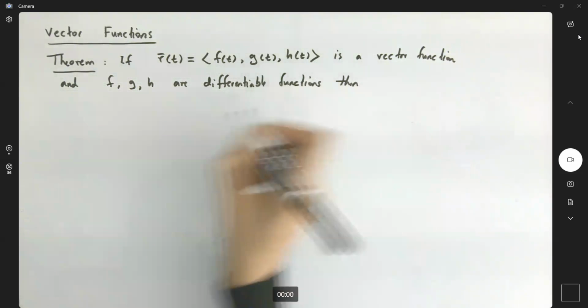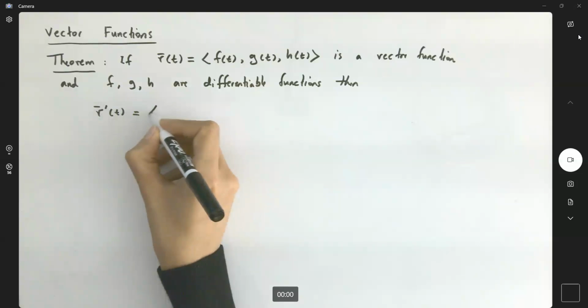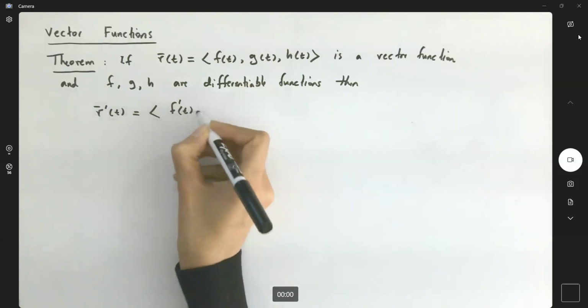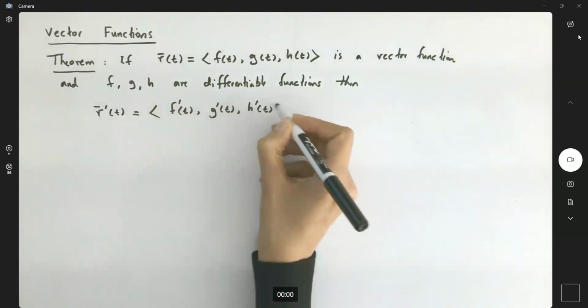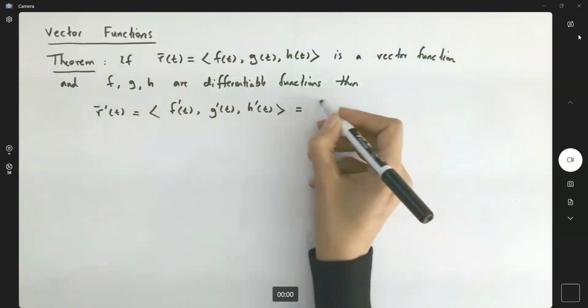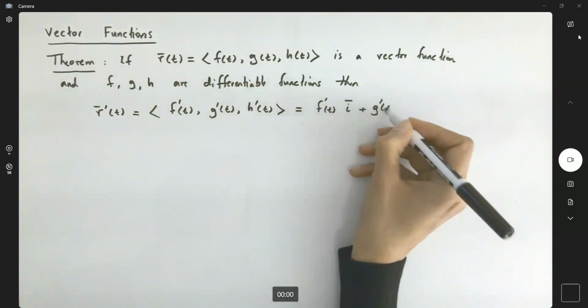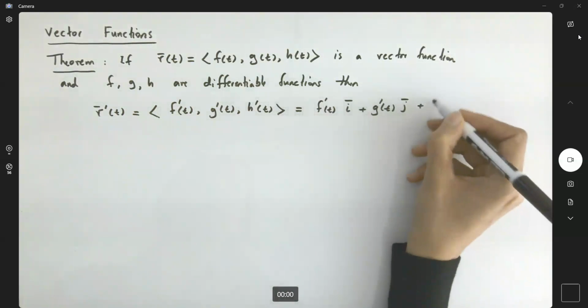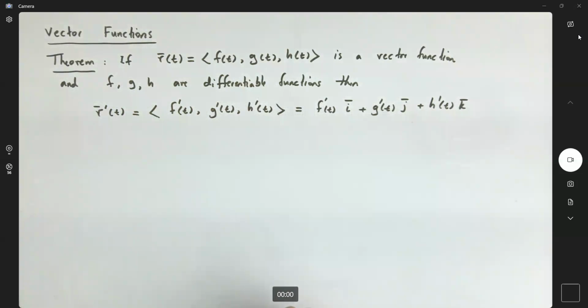Then we have the following scenario: r prime of t is equal to f prime of t, g prime of t, and h prime of t, or in vector format, f prime of t in the direction of the x-axis plus g prime of t in the direction of the y-axis plus h prime of t in the direction of the z-axis. So if this scenario holds, then you can easily take the derivative of your vector function.